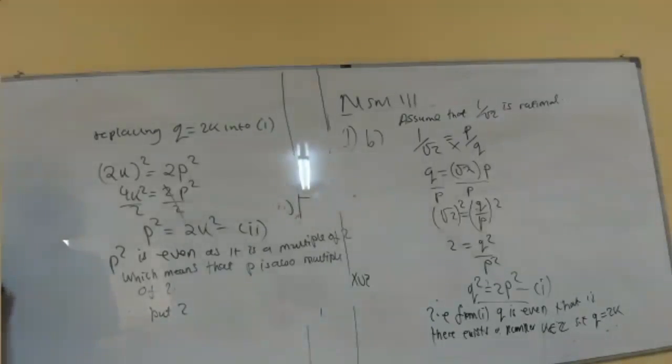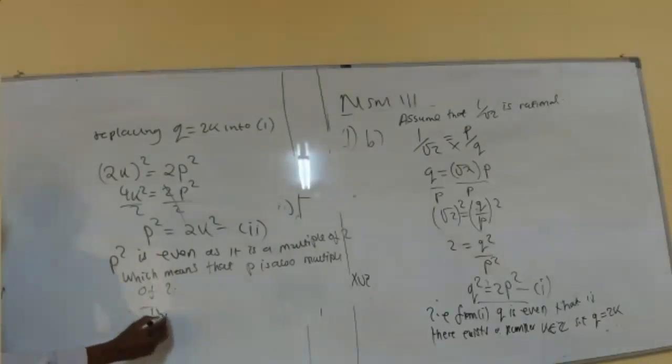We could see that 2 was a factor of q, and this same 2 is also a factor of p, all right? Which means that q over p is actually not in its simplest form. So since 2 is common to both p and q, this contradicts, okay?